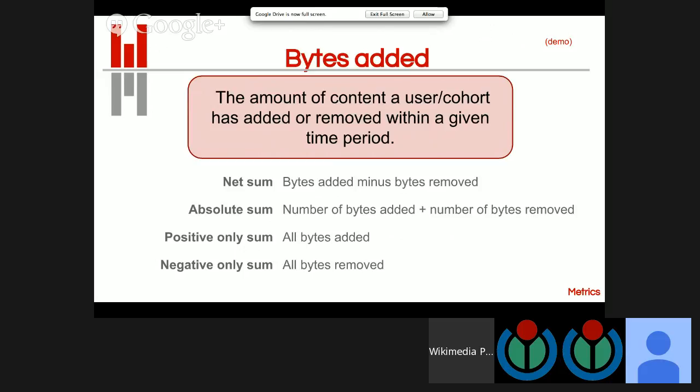There are four different kinds of bytes: net sum, absolute sum, positive only sum, and negative only sum. The two that are going to be used for Global Metrics are the positive only sum and the negative only sum.